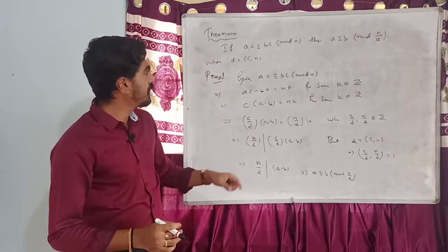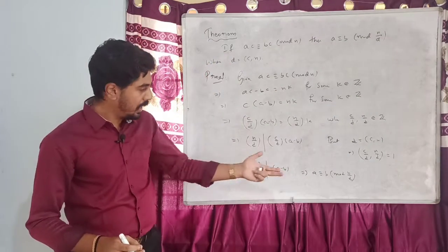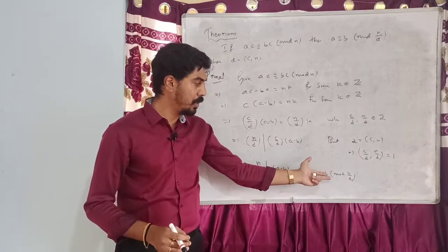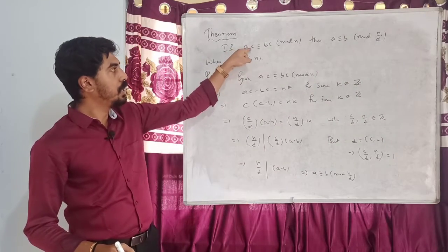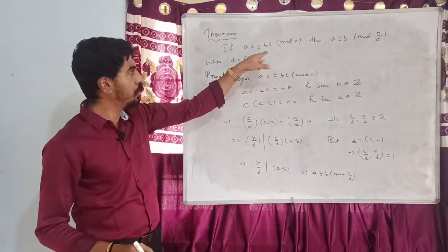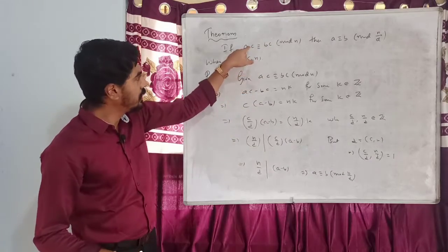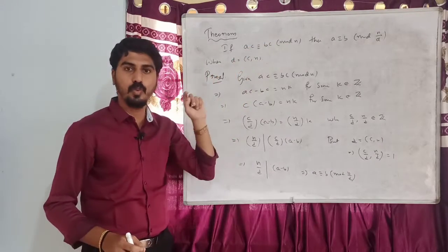In particular, in this theorem, if I have D equal to 1, I will get A congruent to B modulo N. So in AC congruent to BC modulo N, we can cancel C on both sides if and only if the GCD of C and N is equal to 1.